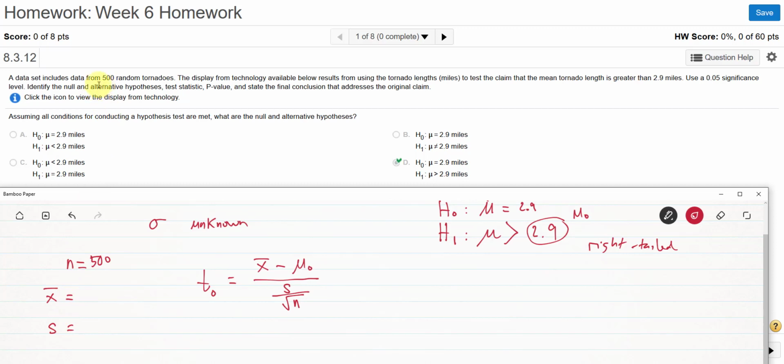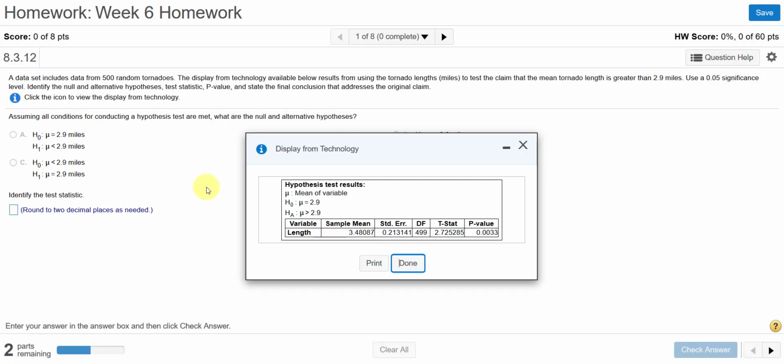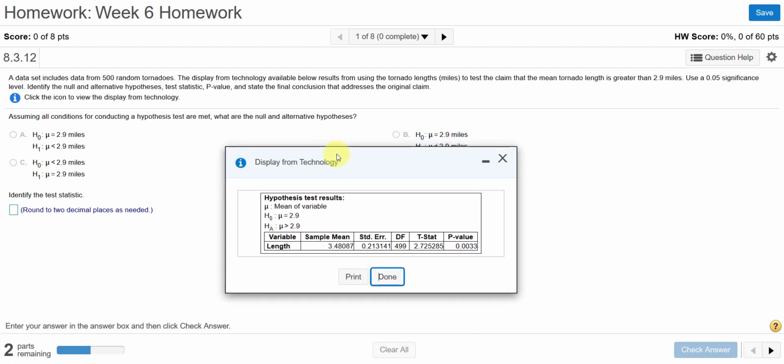Because this is a large data set, we can use StatCrunch in MyMathLab to help with that. You can click on this icon to open it from the technology.